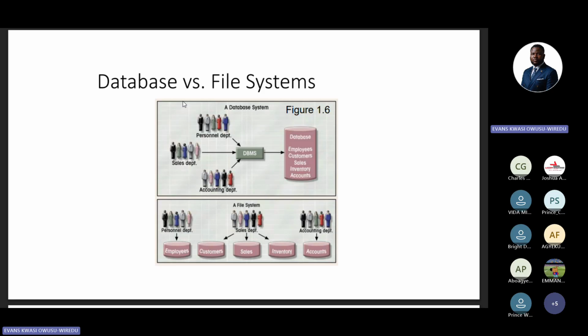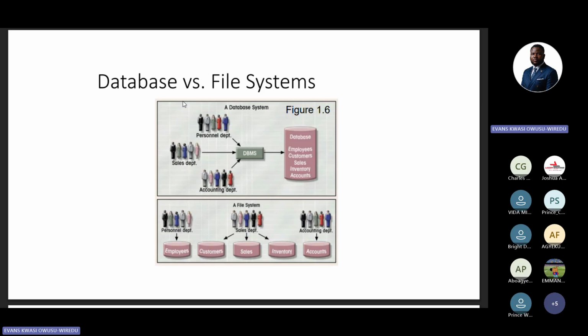Okay, so we are looking at a proper image of how the file system looks vis-a-vis the database system. You see that at the top we have the database system, the picture of it. All the explanations I've been giving, this is where we put them into a picture, right?